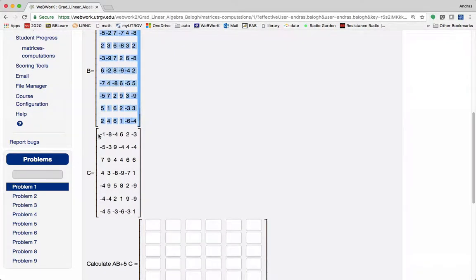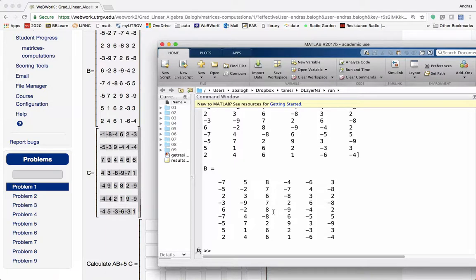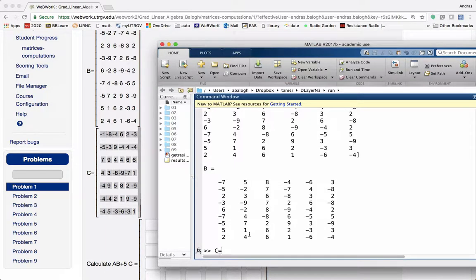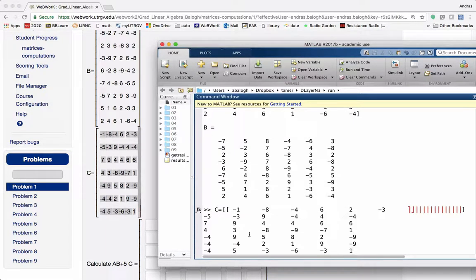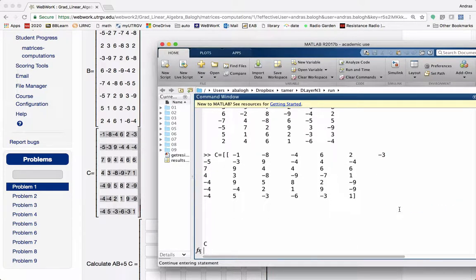And then the C matrix. C equals open bracket, Ctrl V, close bracket, erase the garbage from the first line, enter. And let's see, C. I think I did something wrong.